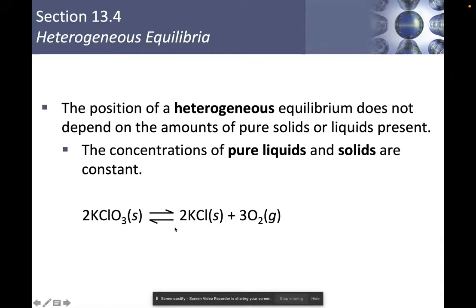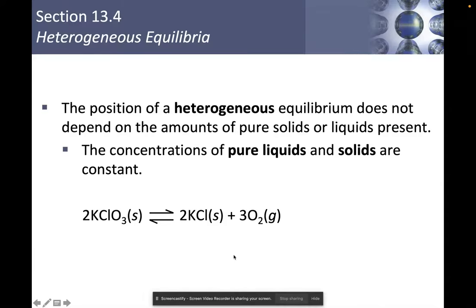So let's say I have this balanced equation, okay? Notice I have only one reactant, and it is a solid. I have two products, one of which is a gas and one of which is a solid. If I wanted to write the equilibrium expression for this, most people would assume I would do KCl squared times O2 cubed divided by KClO3 squared.